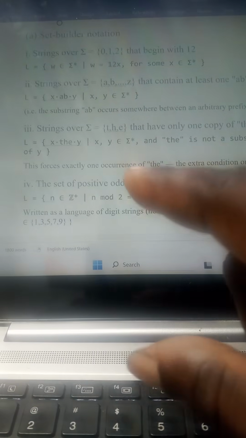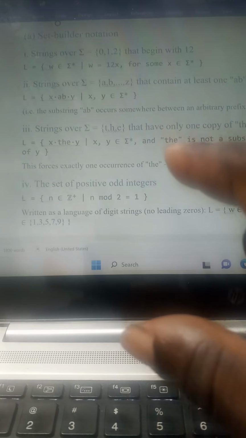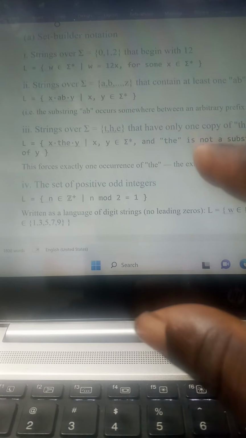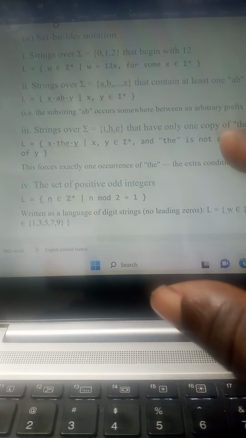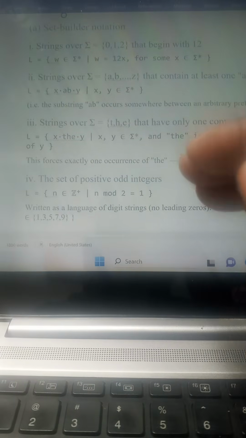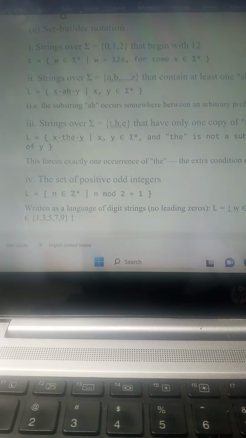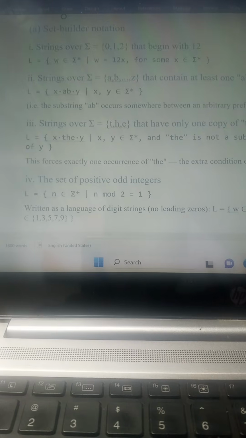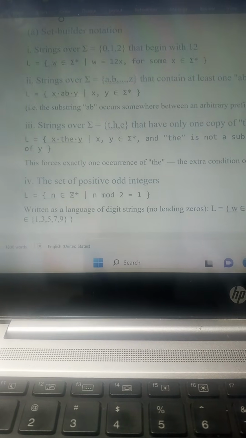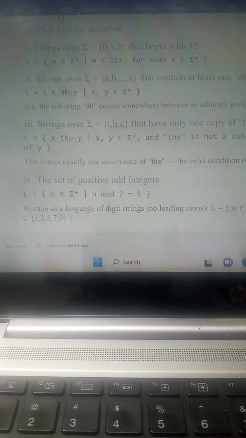So when you come to III, the string over the alphabet that has only one copy of THE. With this one too, you have to break it down to make sure that THE will definitely appear somewhere, like the one we did in II.